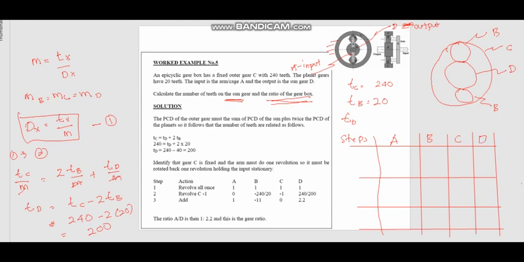I know that D is the output, and the input is A, and C is fixed.